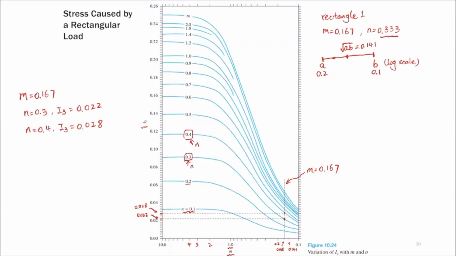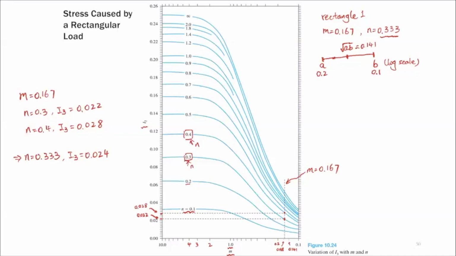And then for n of 0.33, you can again use a simple linear interpolation to get this. So the I3 value for this case is about 0.024. That's if you use this figure to get the I3 value.